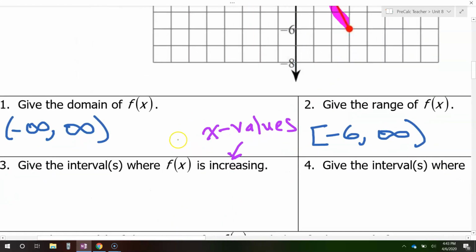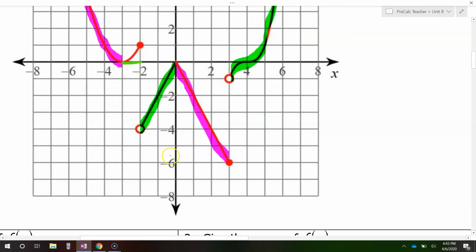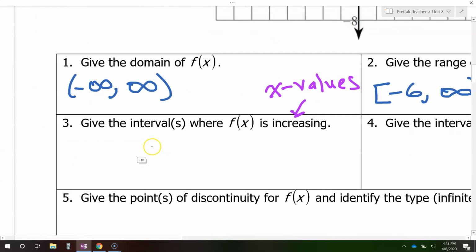So that is an increasing interval. It's increasing from -3 to -2.